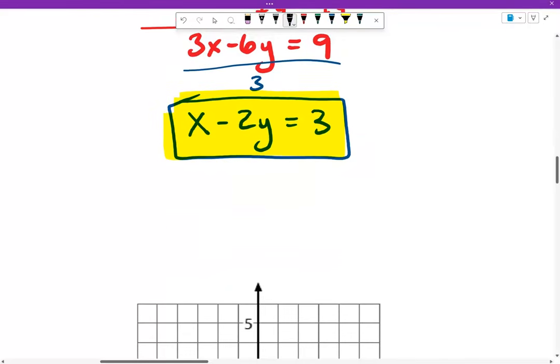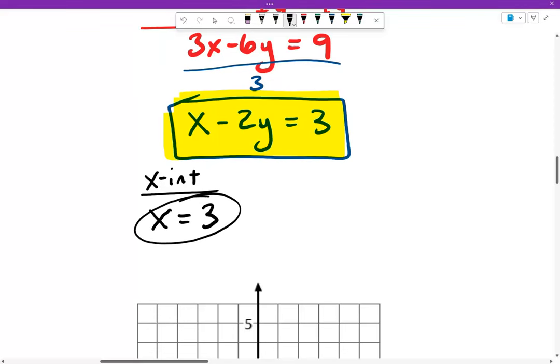Now let's find our intercepts. At the x-intercept, y is 0. So I know that x just equals 3. Just take that minus 2y out. We're left with that. At the y-intercept, x is 0. So negative 2y equals 3. Well, we'll divide by negative 2.